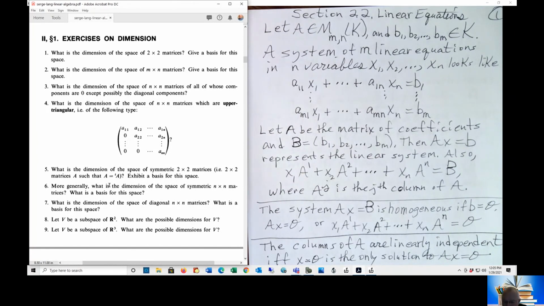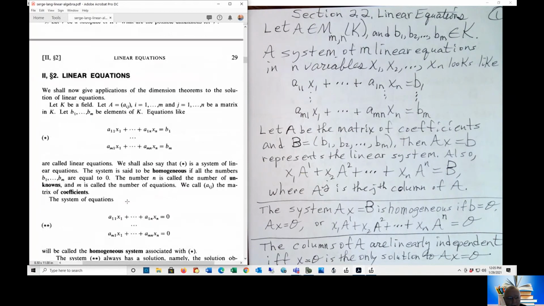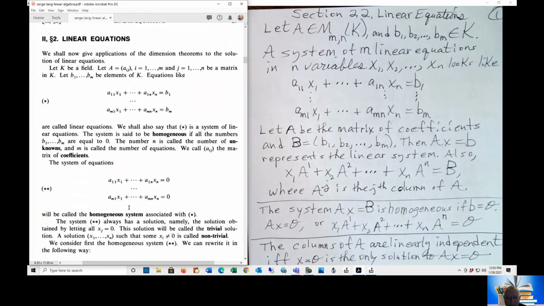Then a system of m linear equations in n variables, x1, x2 through x sub n, looks like a11 x1 plus ... plus a1n xn equals b1, all the way down to am1 x1 plus ... plus amn xn equals b sub m.